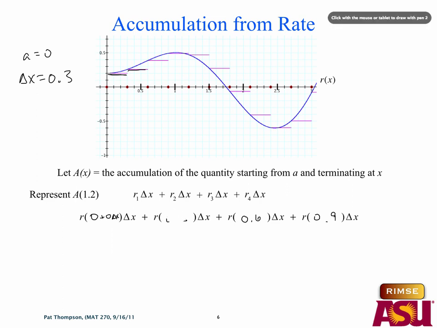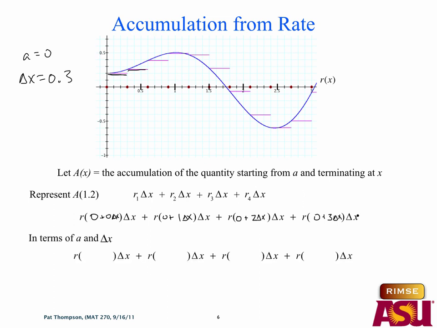And then 0.3 I could think of as my starting value plus how many complete delta x intervals? 1 delta x interval. And 0.6 is my starting value plus how many intervals? 2. Do you see what I'm doing? So 0.9 is the same as 0 plus 3 delta x intervals. Starting value plus how many intervals?